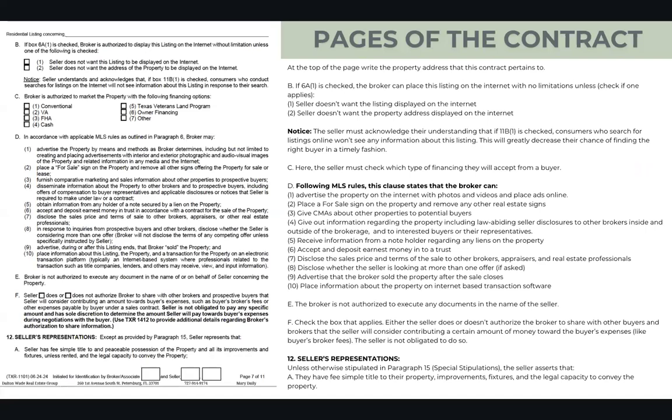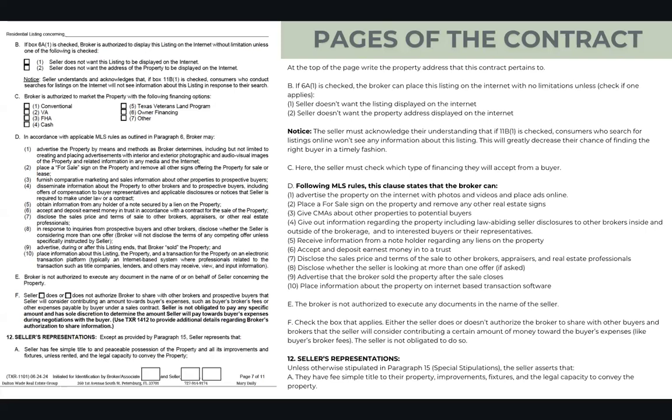D, following MLS rules, this clause states that the broker can advertise the property on the internet with photos, videos, and ads, place a for sale sign on the property, give CMAs about other properties to potential buyers, give out information regarding the property to other brokers inside and outside of the brokerage and to interested buyers or their representatives.